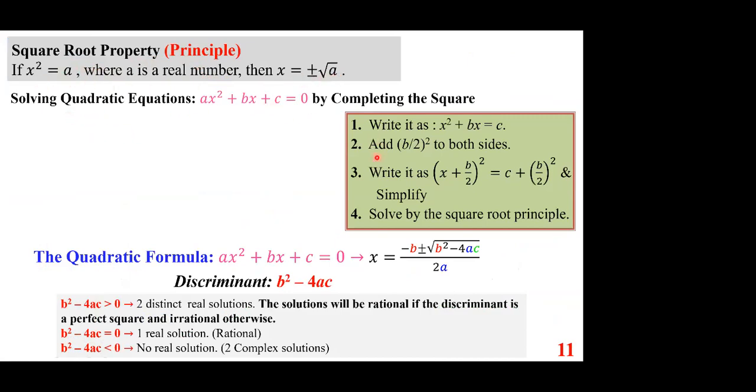Solving a quadratic equation by completing the square: you basically take the constant to the other side, you make a equal to 1, and you add b over 2 squared, and then solve by the square root property. For example, x squared equals 49, class, x is plus or minus 7. So that's something to remember.